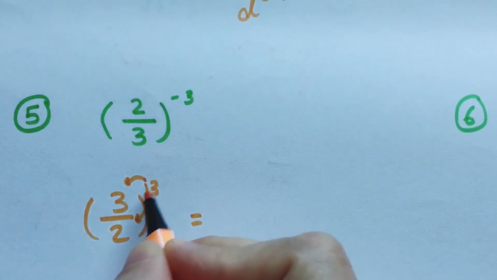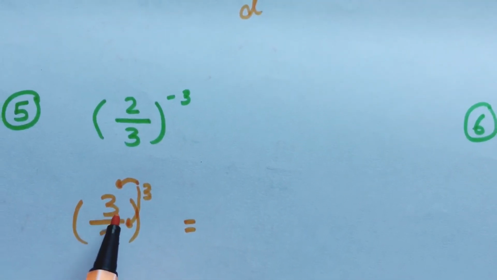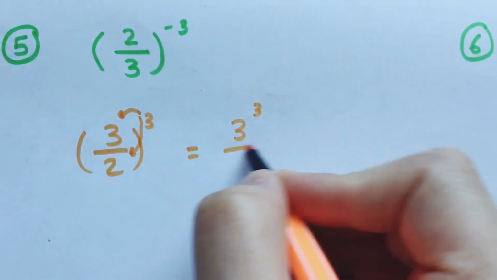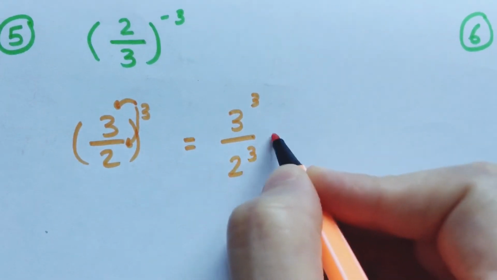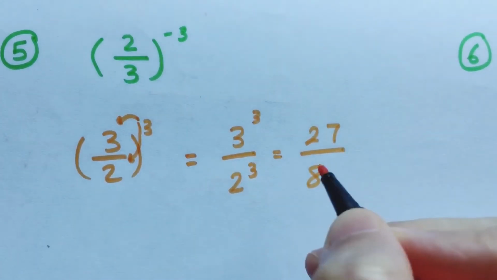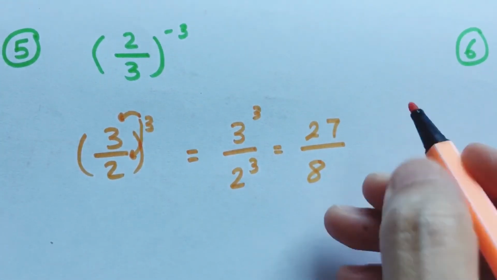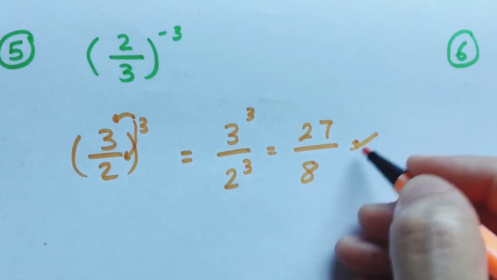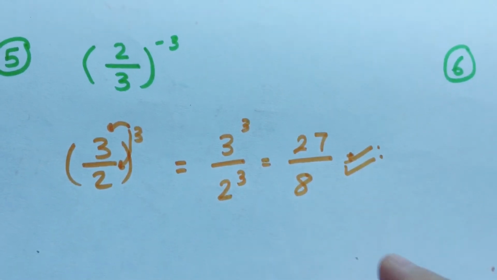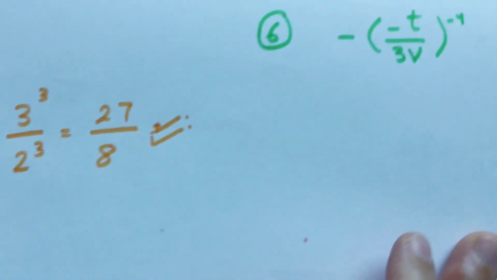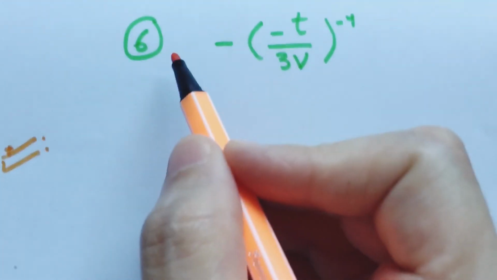Now I will distribute the exponent to the number in the numerator and the number in the denominator. So it will be 3 to the power of 3 over 2 to the power of 3. 3 to the power of 3 is 27 over 8. 2 times 2 times 2 and 3 times 3 times 3. Now we can simplify by long division. It's enough for me until here, but if you want to complete, you can do long division and find the final answer.